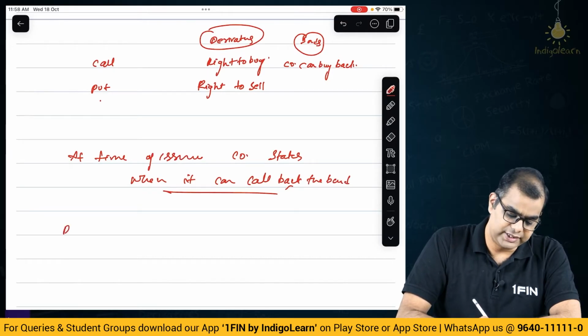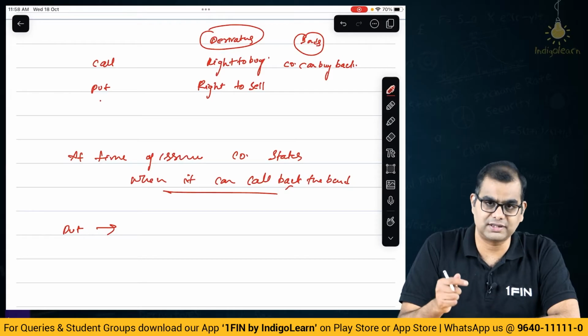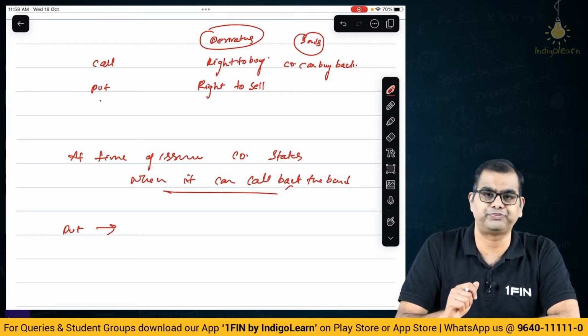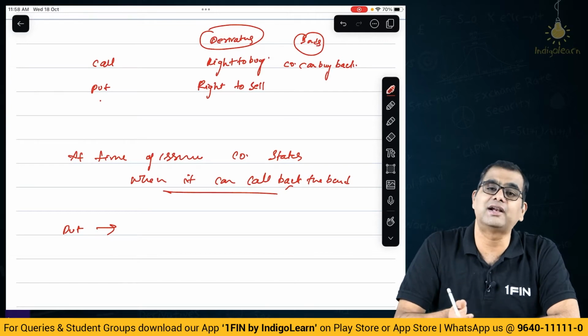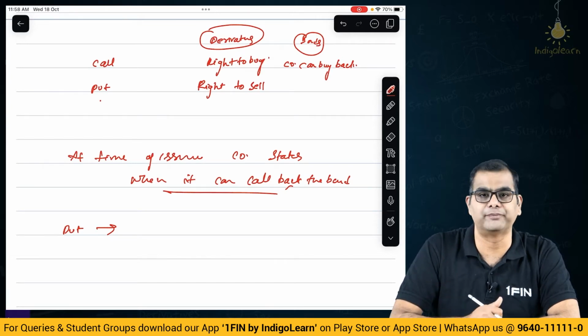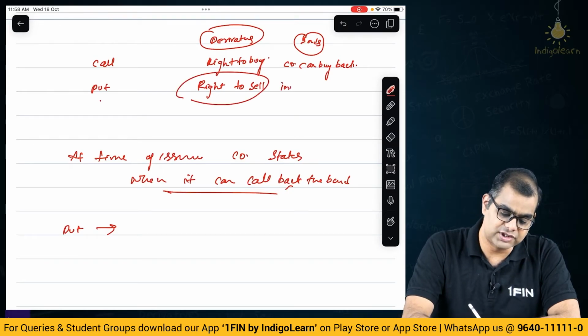Okay. Put is when the investor, that is the person who has invested in the company, or rather the person who has lent to the company, has a right to sell the bond back to the company. So, put is what? A right to sell. In the case of bonds, the investor sells back to the company.